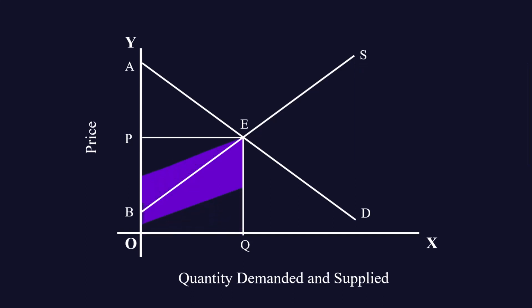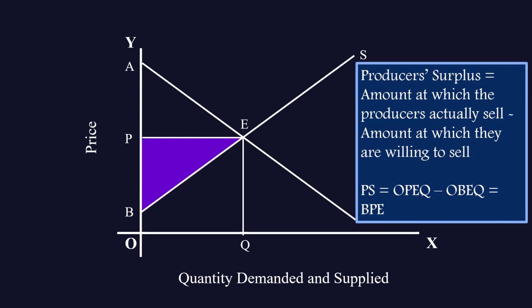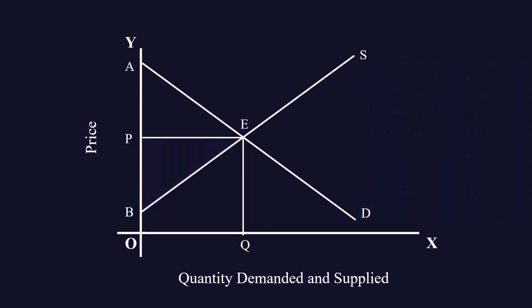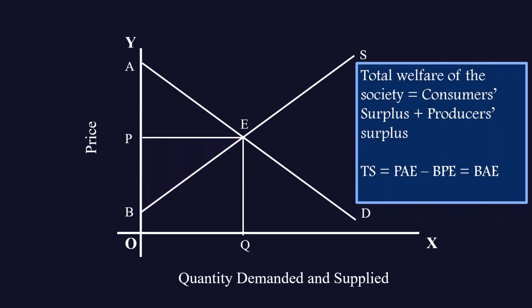The producer's surplus is OPEQ minus OBEQ equal to BPE. The total welfare of the society is consumers' surplus plus producers' surplus. That is PAE plus BPE equal to BAE. Area BAE shows the total welfare of the society.